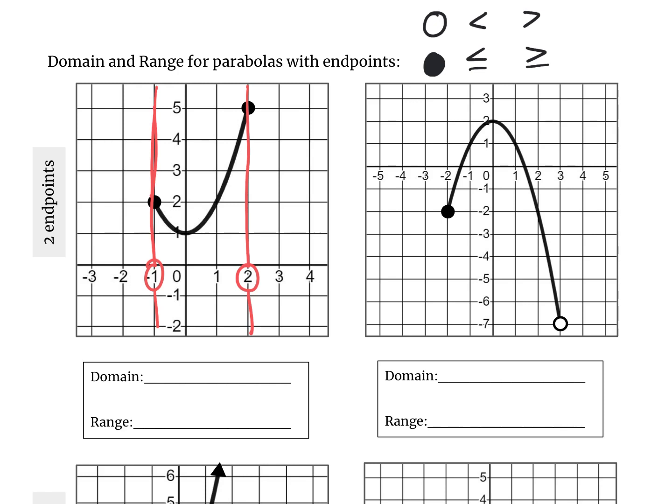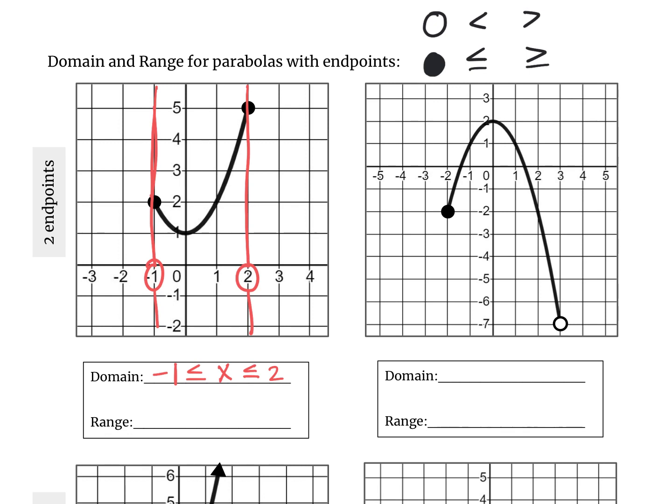So we go least to greatest. It starts at -1, and because there's a closed circle, it's going to be less than or equal to, so that means we have an x, and then all the x values in here have to be less than or equal to, since I have a closed circle, this value of 2.